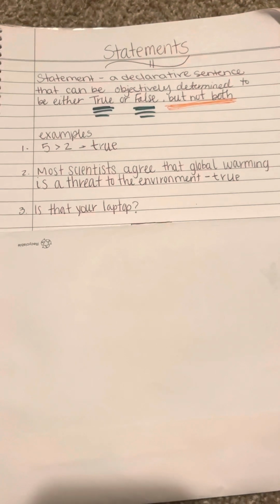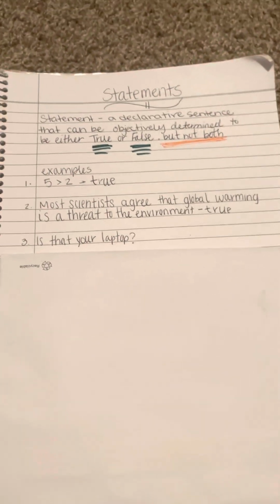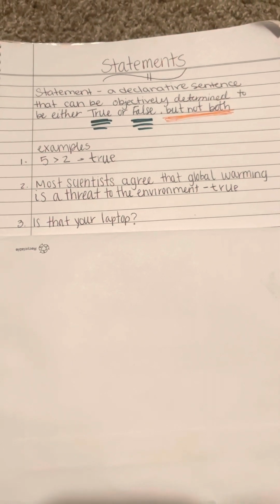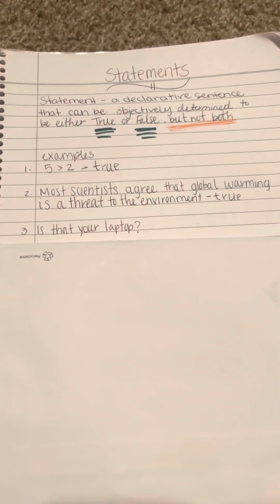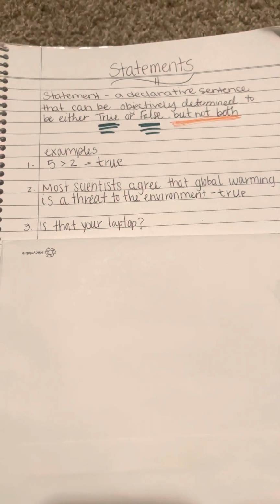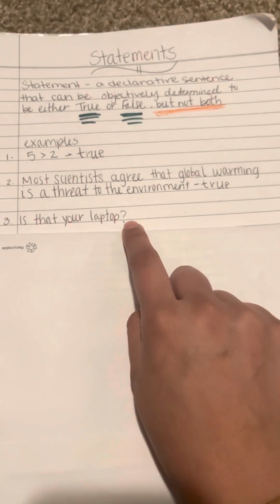Third example. Is that your laptop? Now, one can say, yes, it is my laptop, so that is a true statement. Another can argue, actually, no, it's not my laptop, which would be a false statement. But what does not make this a statement is right here, our question mark.